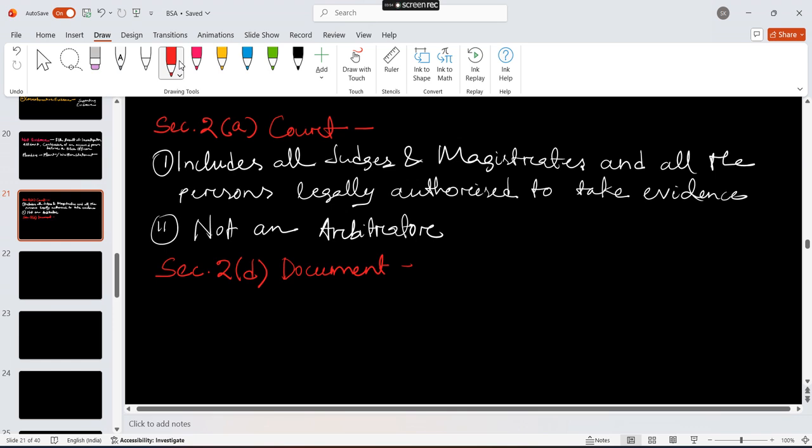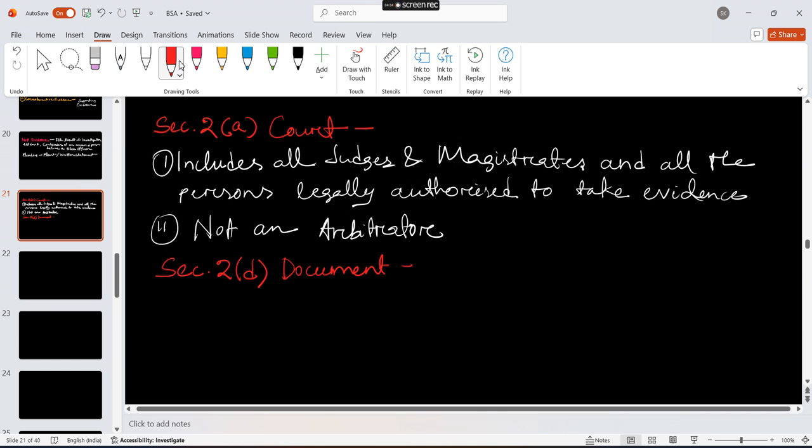We basically express through painting, caricature, designs, but we describe through letters, numbers, figures, marks. So, first, a document means any matter which is expressed or described.